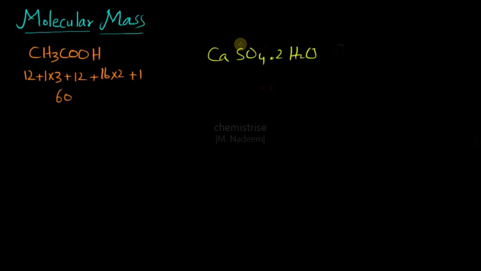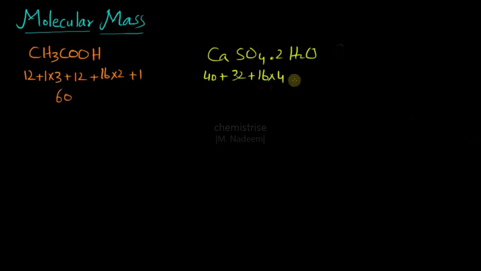So calcium sulfate is hydrated with 2 waters of crystallization. Let's try to find the molecular mass of this. Calcium is 40, sulfur is 32 plus oxygen is 16 times 4. Fine, we have done up to this.